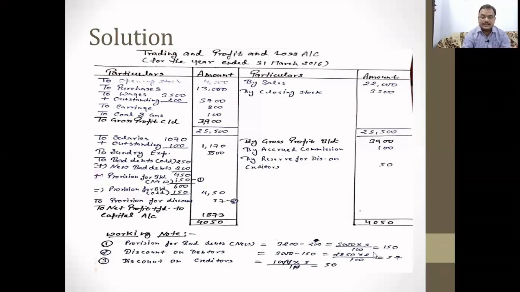So 150 is the new provision for bad debt. You have to add 450 plus 150, that is 600.